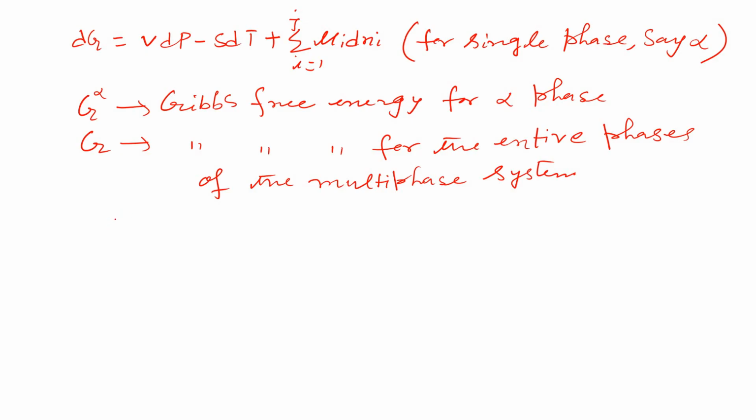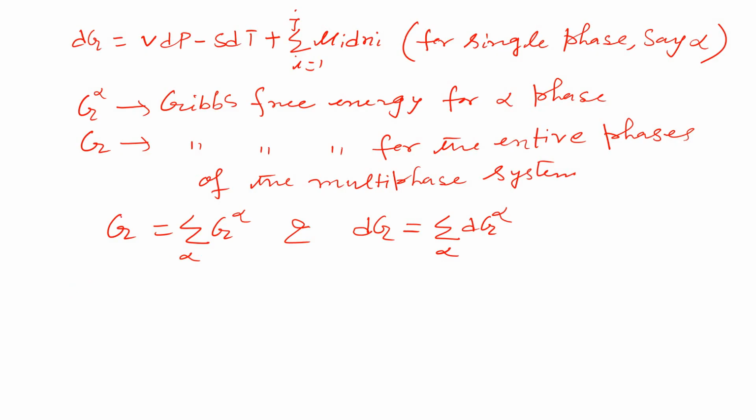I can write G is equal to the summation of G alpha. In that case dG is the change of Gibbs free energy of all the phases, so dG will be equal to the summation of dG alpha over the phases, right?